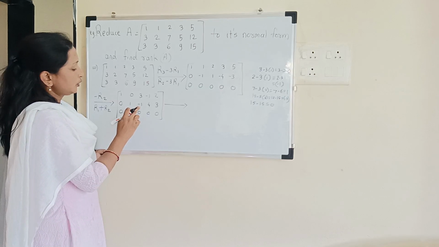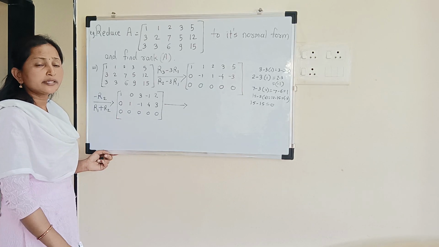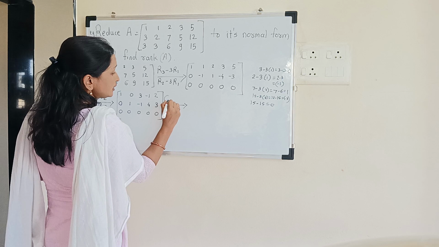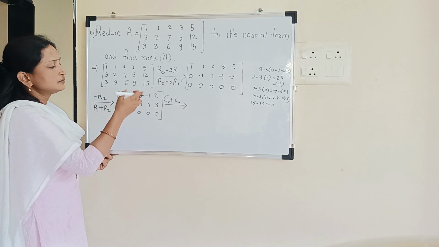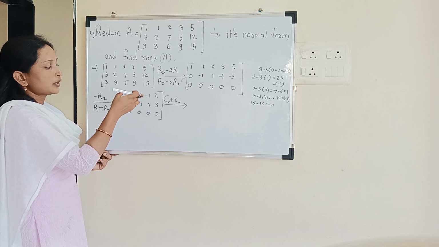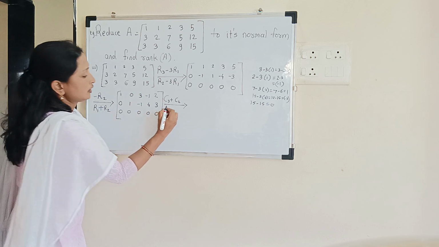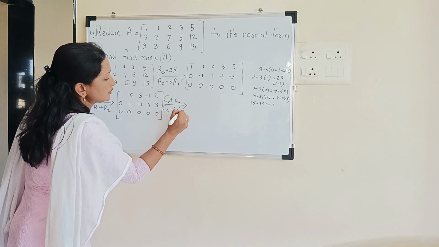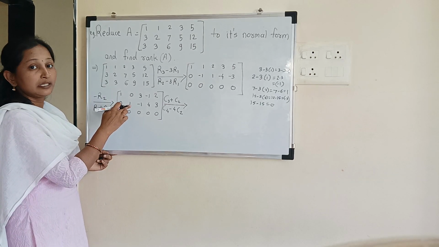So we have to make 0 here. If you add the third column to the second column, you will get 0 here. So use C3 plus C2. Simultaneously, you can change column number 4 also. So how can we change? C4 minus 4 times C2. 4 minus 4 times 1 will give you 0.